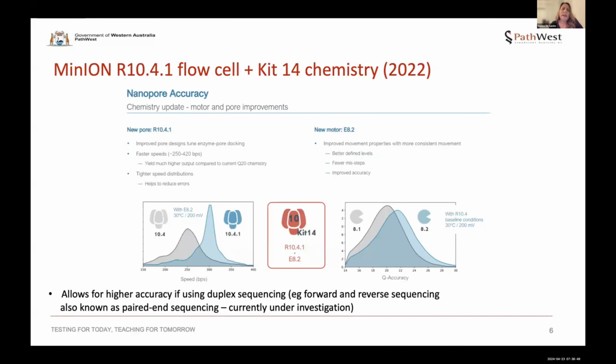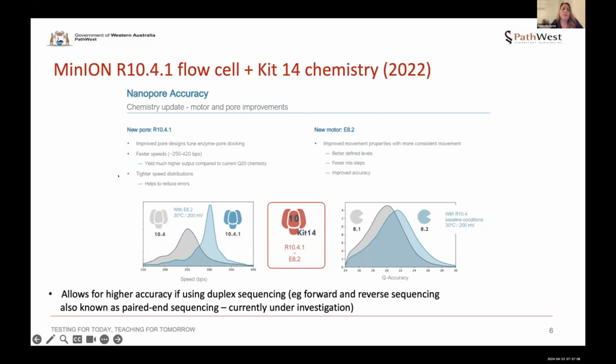So really, as the previous speaker spoke about, the increase in accuracy has improved with the development of new flow cells and chemistry. And so in 2022, Oxford Nanopore released the R10.4.1 flow cell and Kit 14 chemistry.